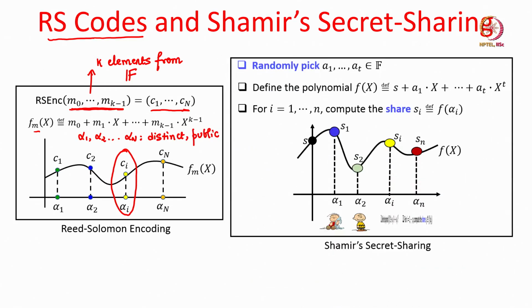Whereas, in the Shamir secret sharing scheme, there is only one input. So, the number of inputs in these two primitives is different. In Reed-Solomon encoding, the message input is a collection of k elements, whereas in Shamir secret sharing it is only one element which has to be shared, but to share it, t dummy elements are randomly picked.